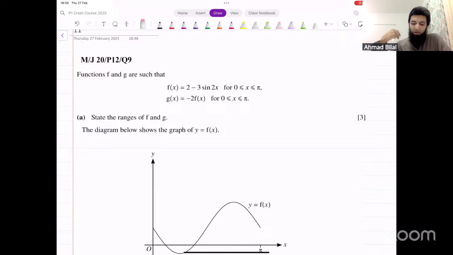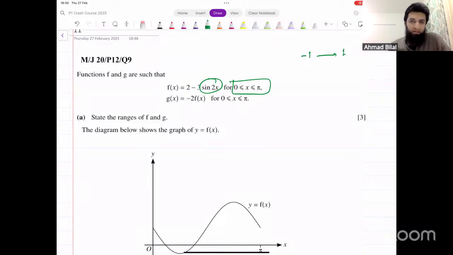Now, the first part, we can do that using what we discussed in functions, how to find the range of trigonometric functions. Sine function, if it's completing one full cycle, goes from -1 to 1. Is it completing one full cycle here?